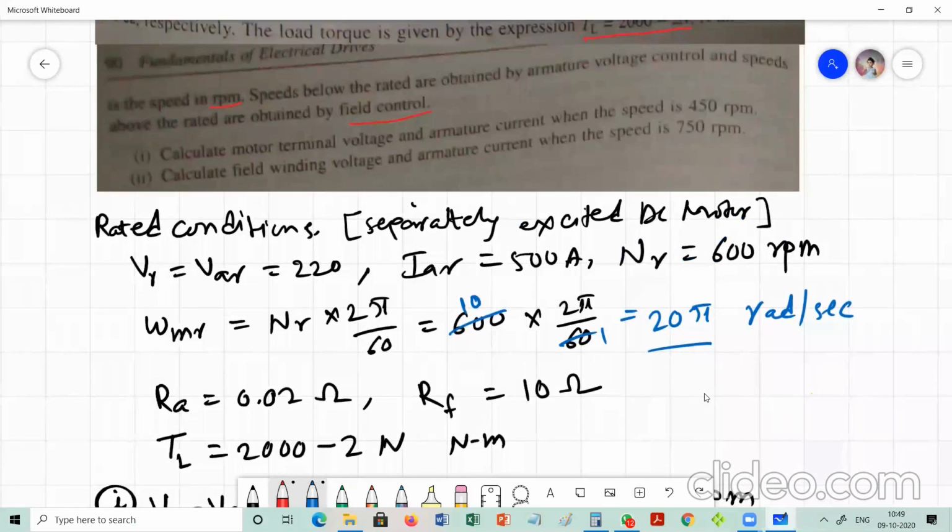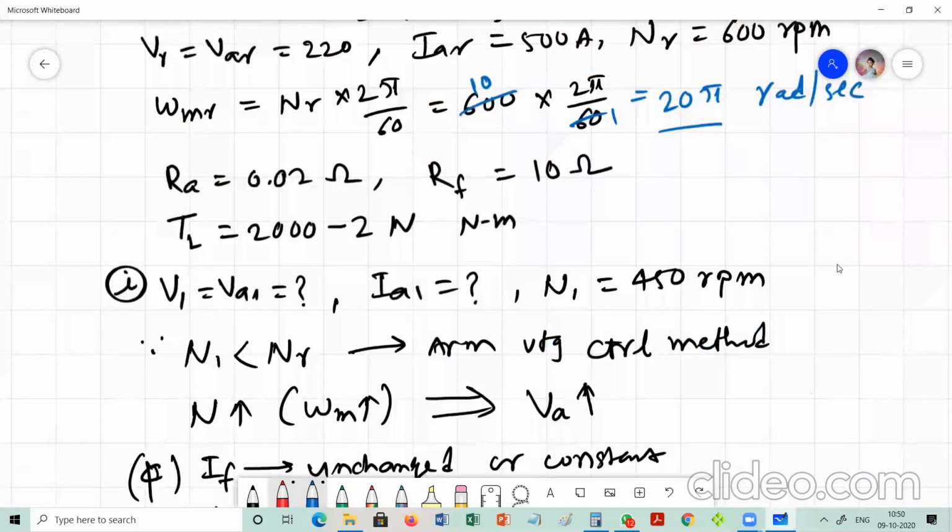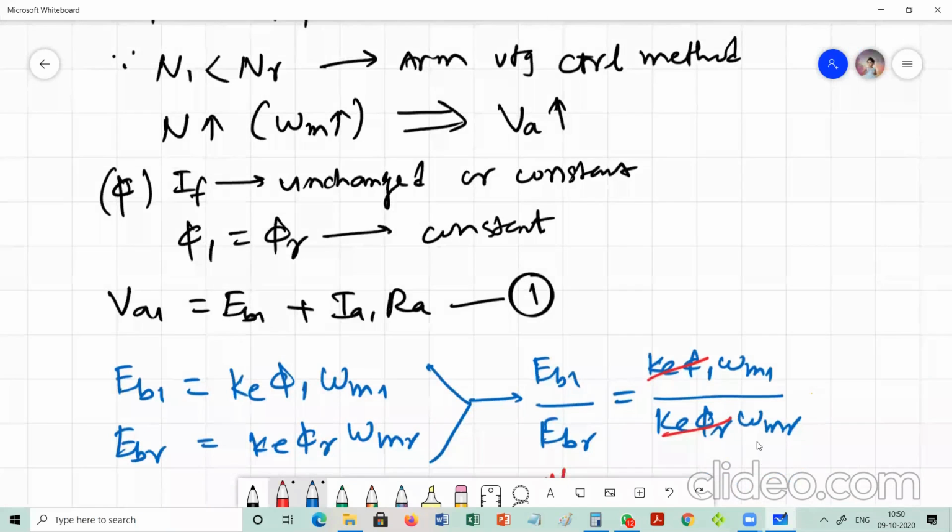Read it carefully. What they have told: calculate motor terminal voltage and armature current when the speed is 450 rpm. Means the machine is running with a constant speed of 450 rpm. Machine is continuously running with a speed of 450 rpm.